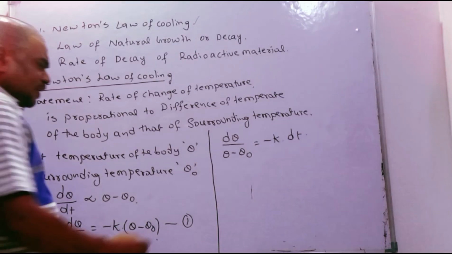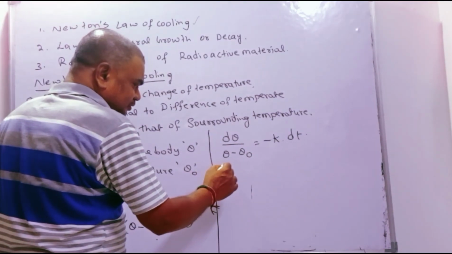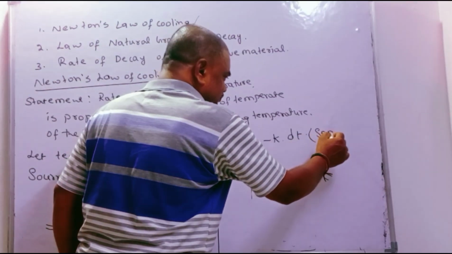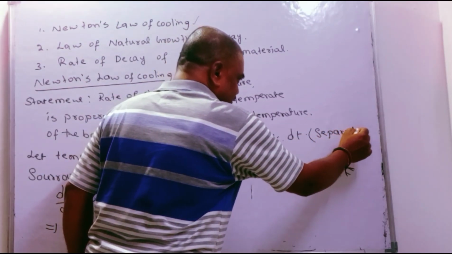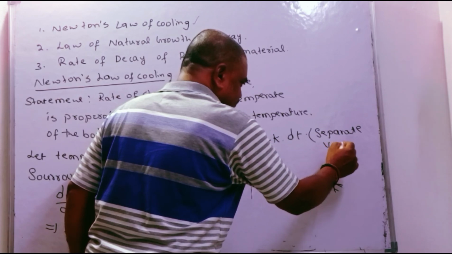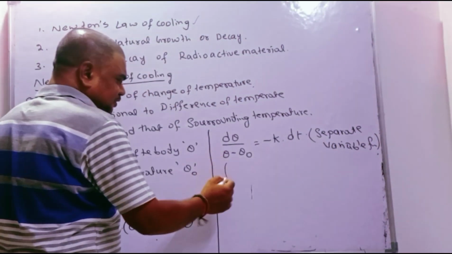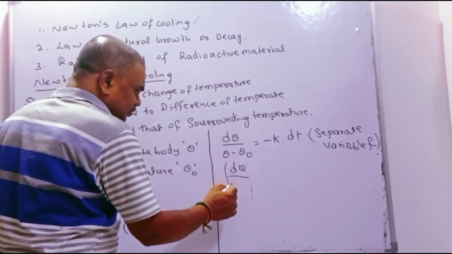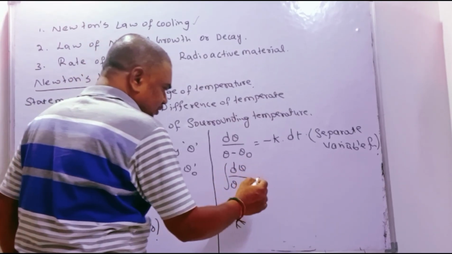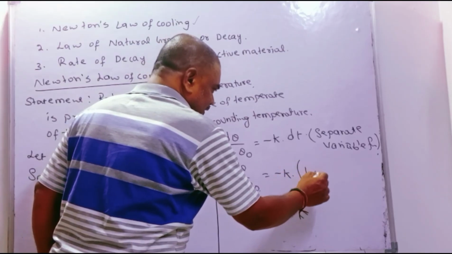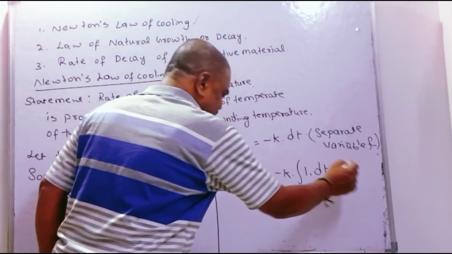After that we integrate this separated variable form: integral of d theta by theta minus theta 0 equal to minus k into integral 1 dt plus c.